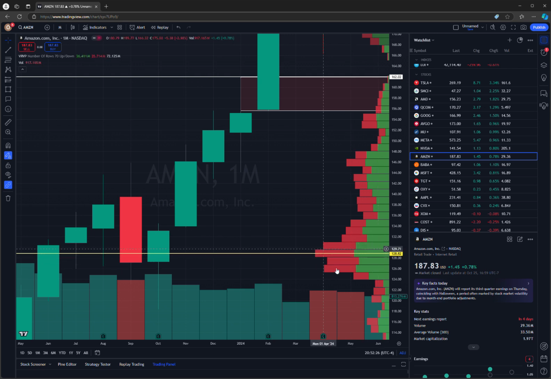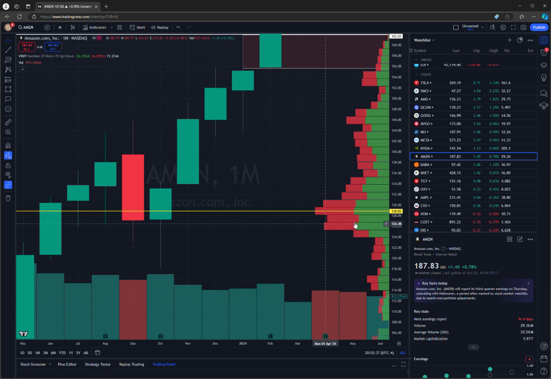And when you see something like this on the monthly, they got a position there. I promise you. When you're looking at a monthly time frame and you see something like this, there's a position there. Plain and simple.